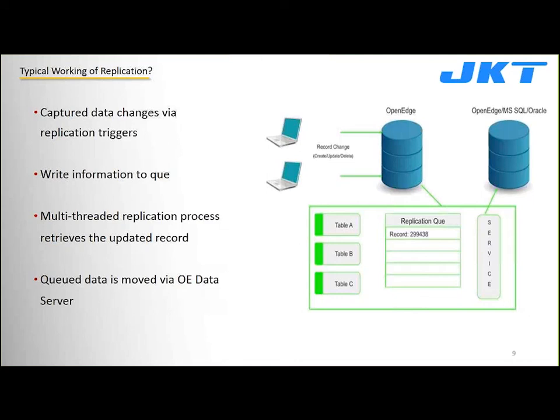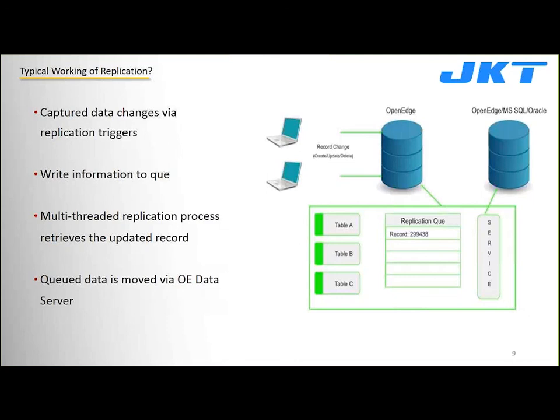After every second, or based on the configuration, a schedule runs to process the replication queue. During the processing, the replication system builds a connectivity bridge between the Progress DB and the foreign database, which can be SQL Server or Oracle.